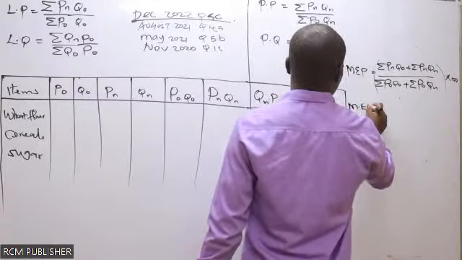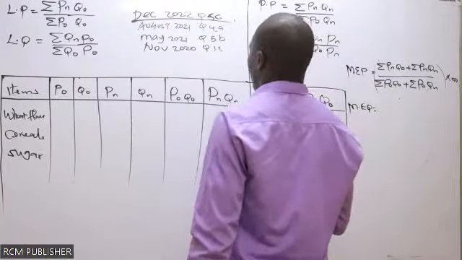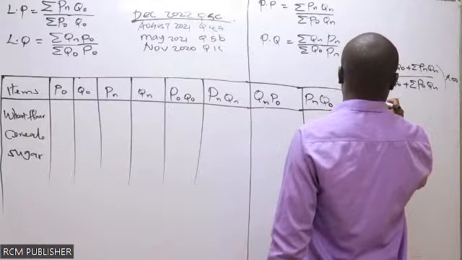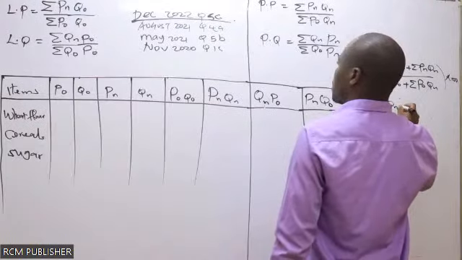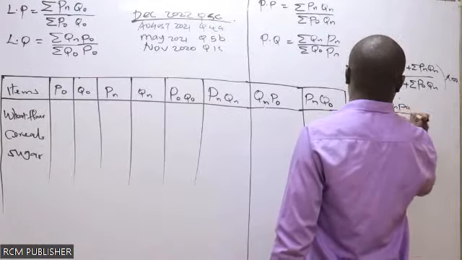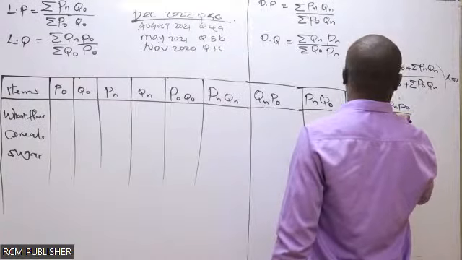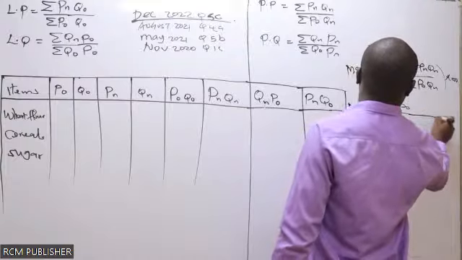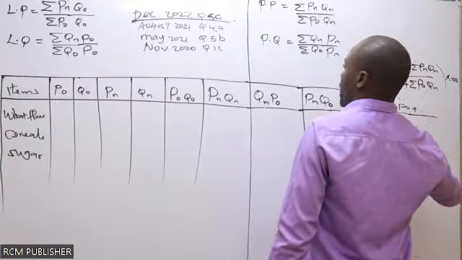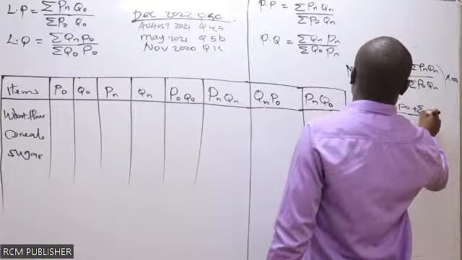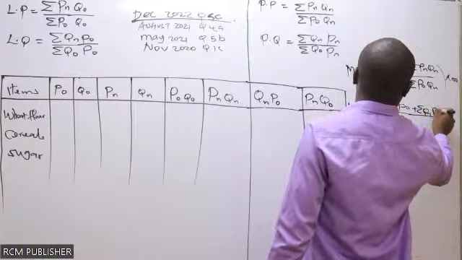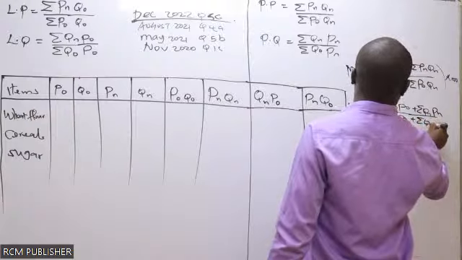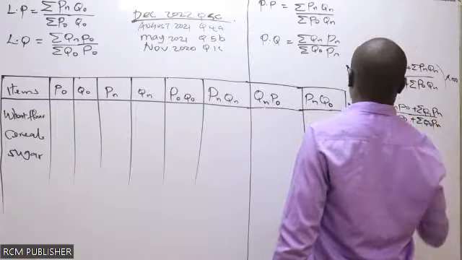Then we come now to Marshall-Edgeworth quantity index. Look for the quantities and then we get the summation. So summation of QN PO over summation of QO PO. We add summation of QN PN plus summation of QO PN.